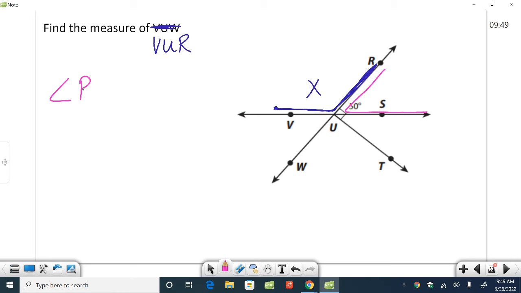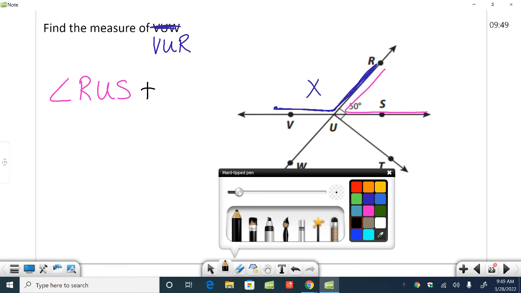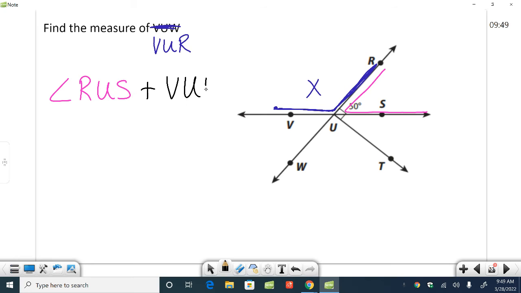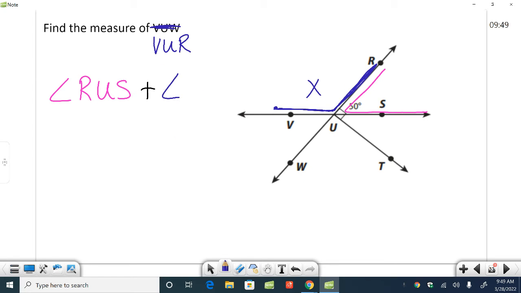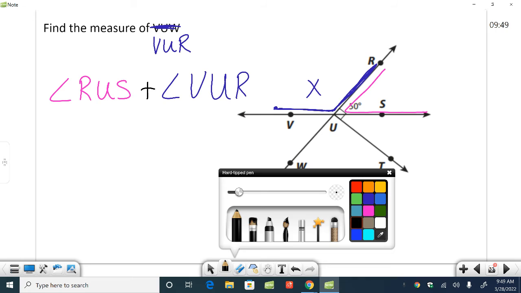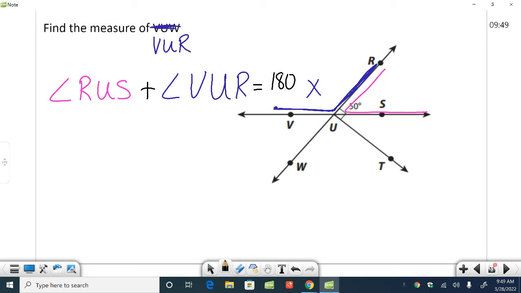So angle RUS plus angle VUR have to equal what? Have to equal 180. But Charlie said that angle RUS is 50 degrees. Is she right? No, she is not.